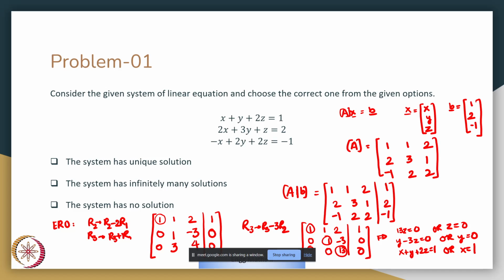So we can quickly substitute these here and we can see that this indeed gives us the solution. So from our augmented matrix, after applying elementary row operations, which is how we go about doing the elimination method, what we obtain is three non-zero pivots for three equations, which essentially gives us that this system has a unique solution.